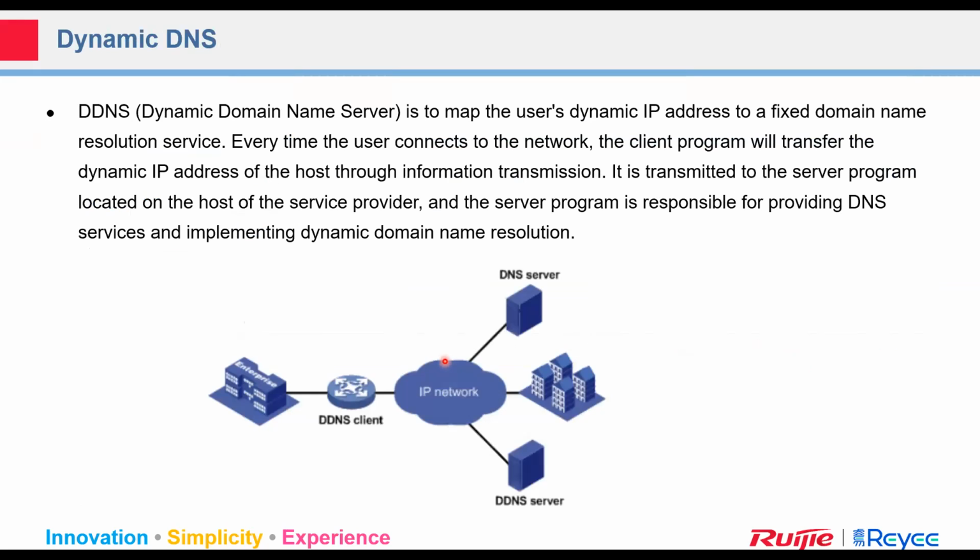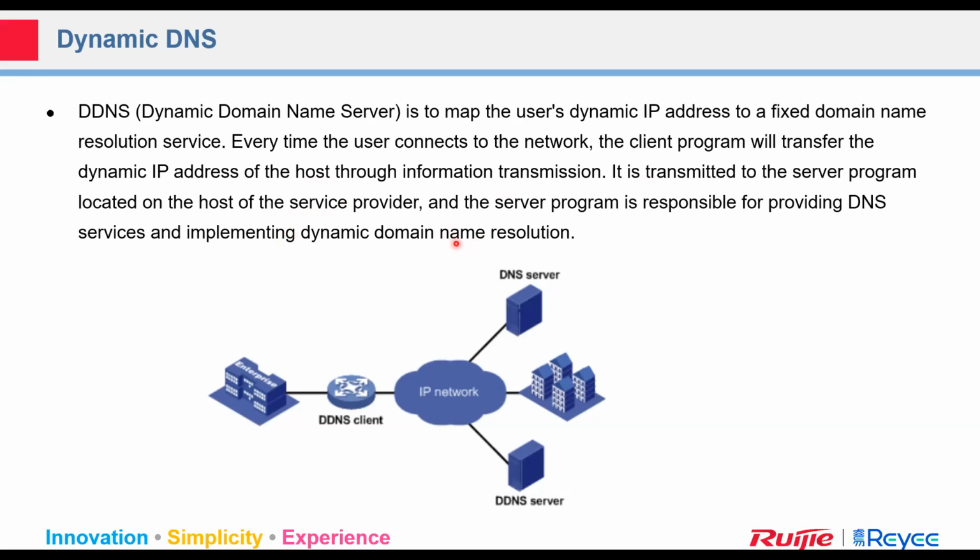So this EG router also supports DDNS, where it maps a user's dynamic IP address to a fixed domain name for a resolution server service. So every time the user connects to the network, the client will transfer the IP to the respective service.